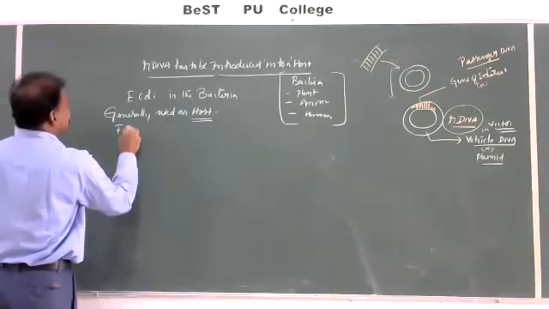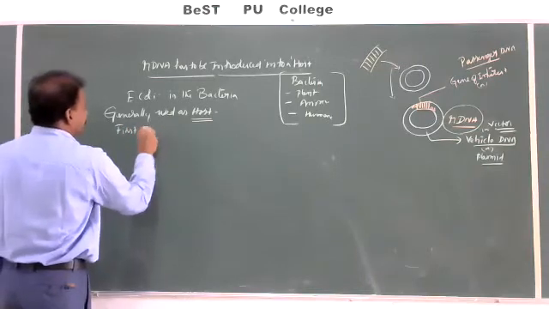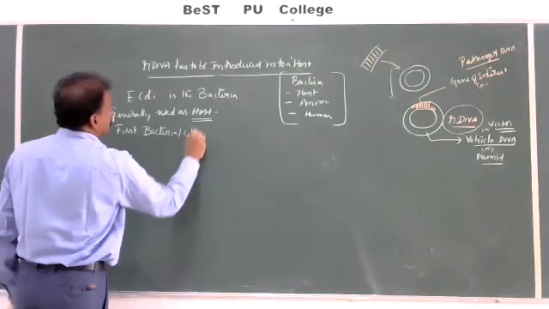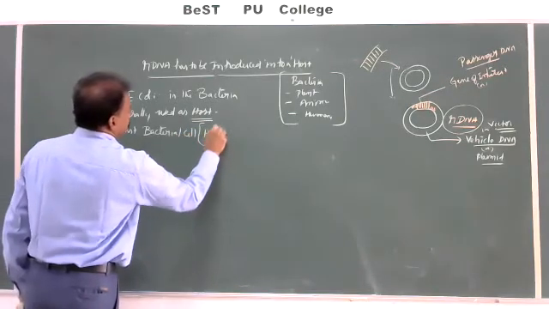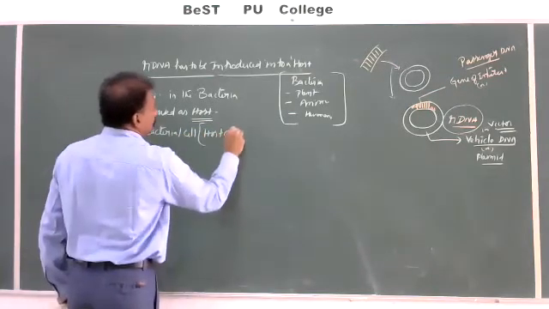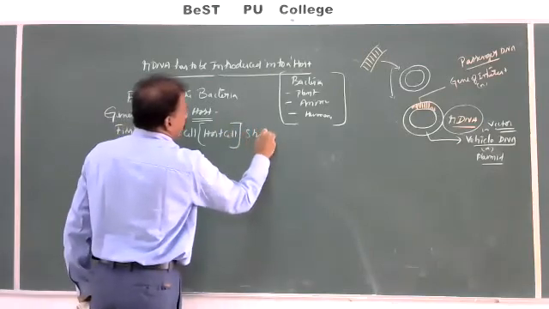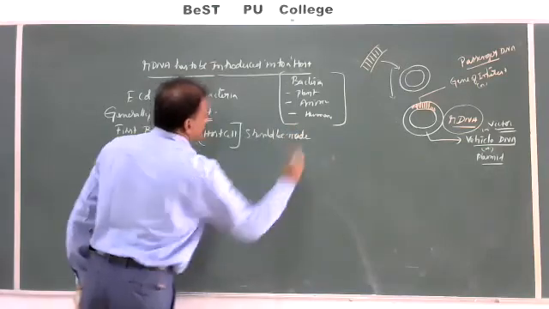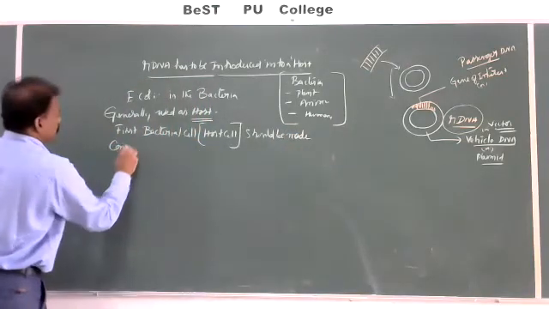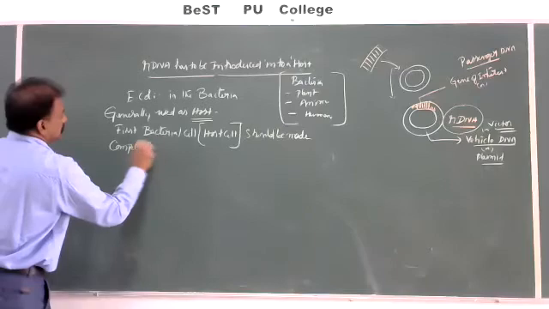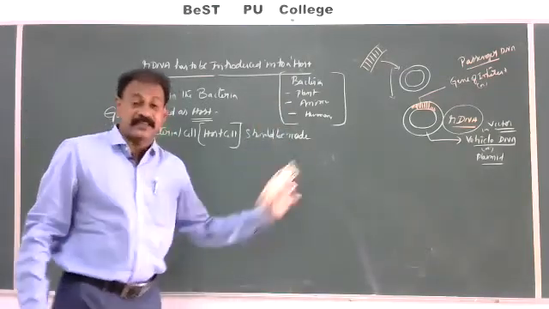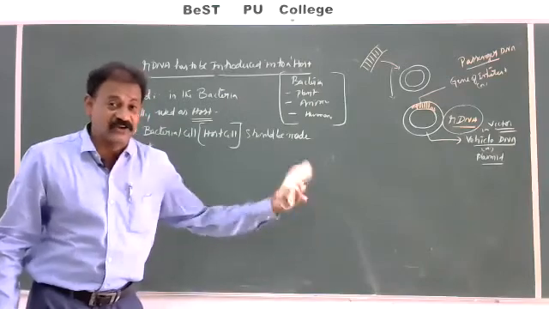First, the bacterial cell or host cell should be made competent. They have given it in the textbook in the paragraph. There are various methods of making the host cells competent.